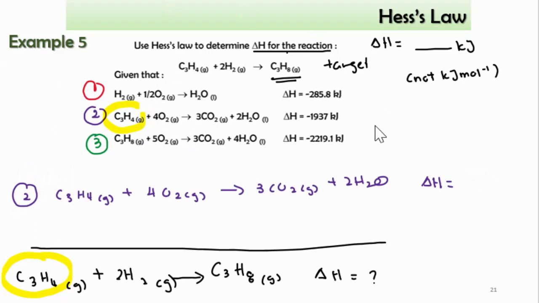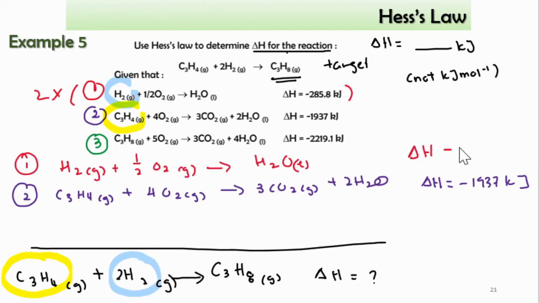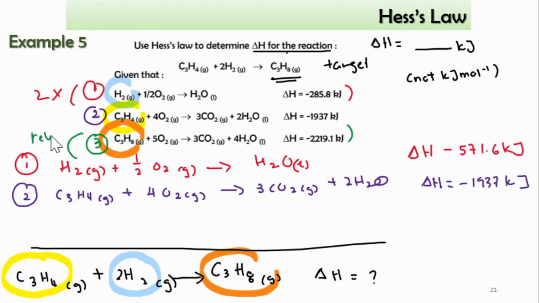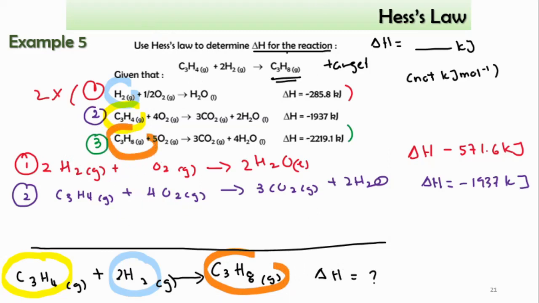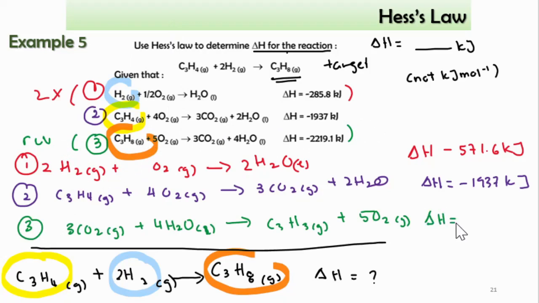The steps are the same if you use the algebraic method. Write the target equation below and then find what matches the target equation. From the given equation, if you need to multiply by a factor of 2, multiply the whole equation together with the enthalpy. If you reverse the reaction, you have to change its sign too. Negative will become positive. So this one will be positive.